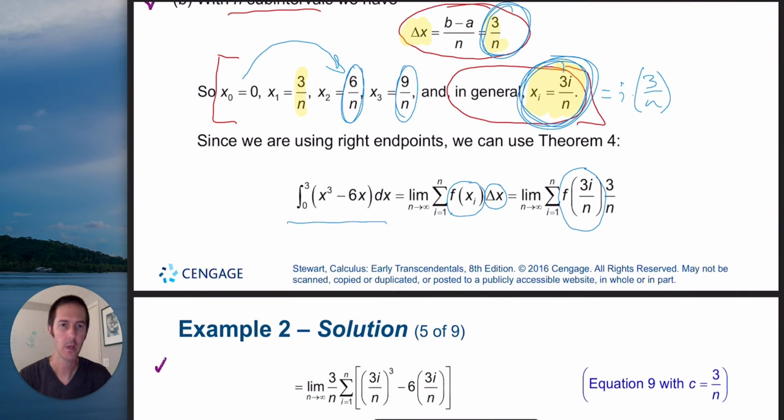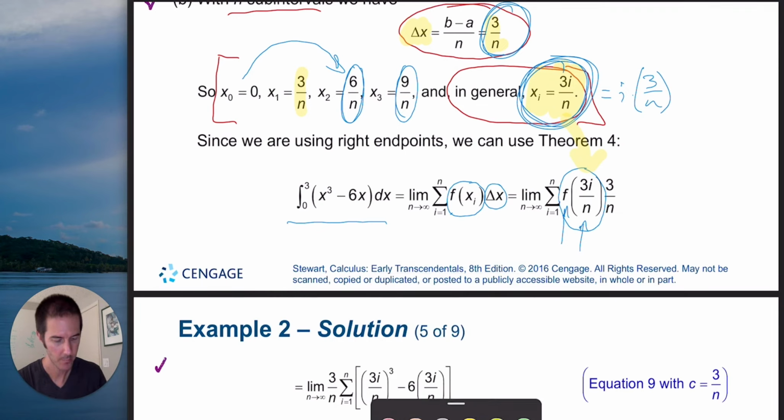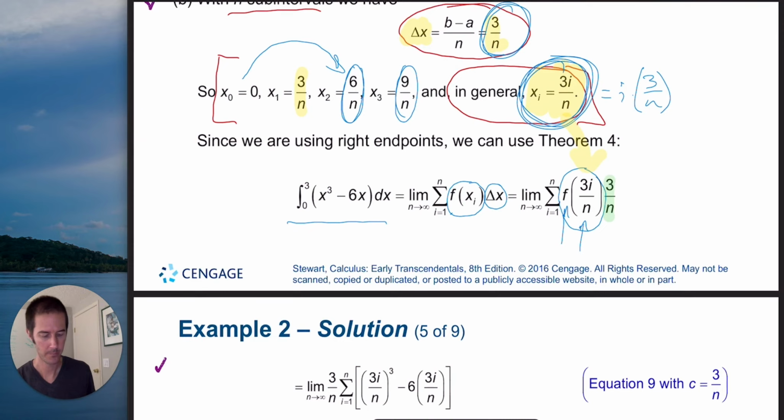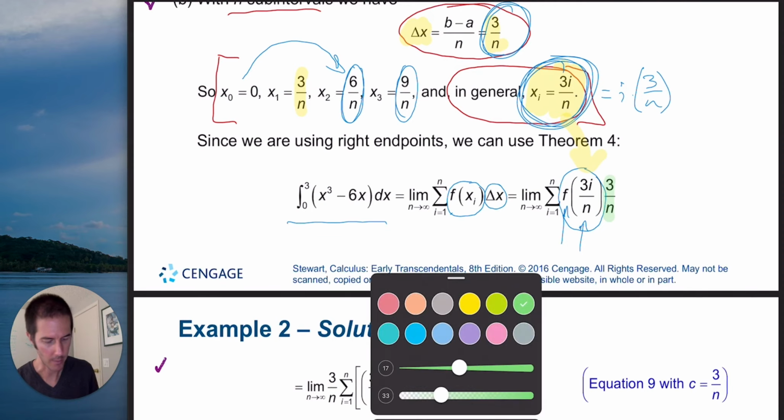Those are x coordinates, plugging them into our function. So f of 3i over n, that's coming from right here. And then multiplying that resulting y value by the width of each rectangle, 3 over n, delta x. So it is still infinitely many rectangles with a height of f of 3i over n times the width, the delta x value, 3 over n.